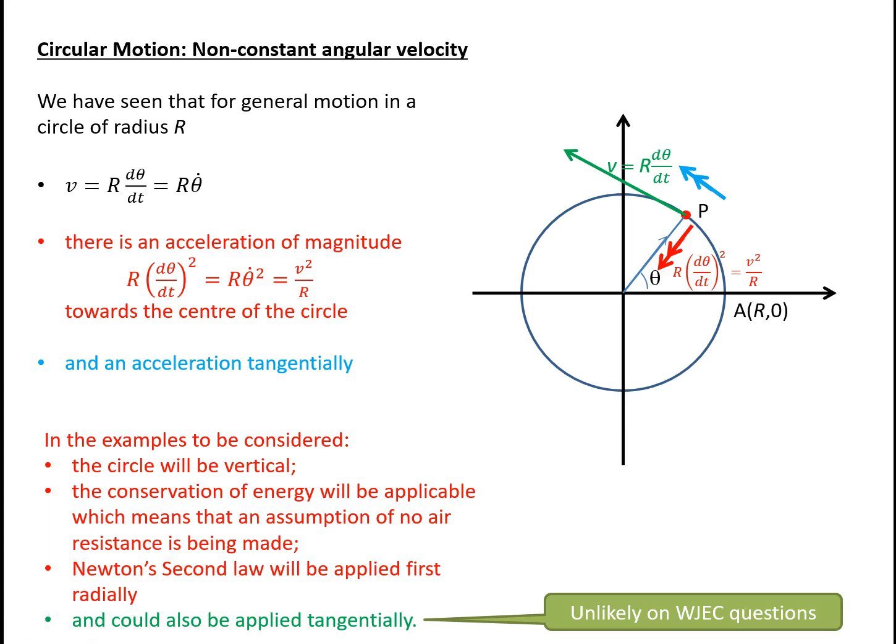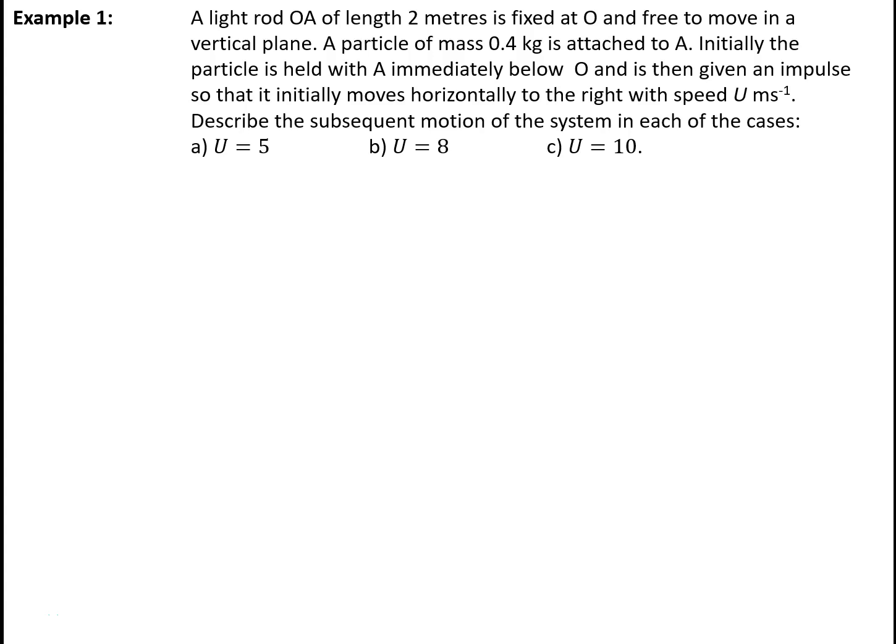So let's now have a look at our first example. We have a light rod OA of length 2 meters, which is fixed at the point O and free to move in a vertical plane about the point O. A particle of mass 0.4 kilograms is attached to A. Initially the particle is held with A immediately below O, and is then given an impulse so that the particle initially moves horizontally to the right with speed u meters per second.